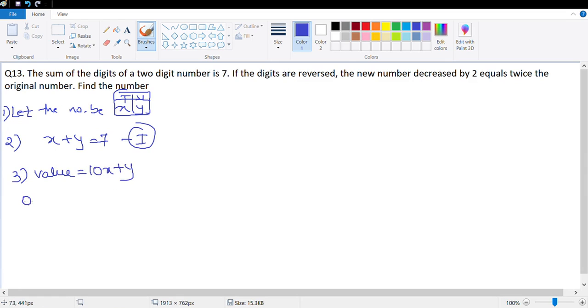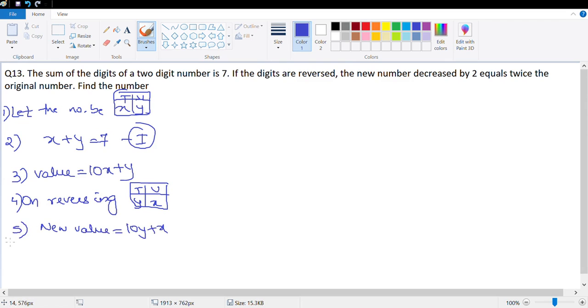On reversing, what we get is yx. So the new value is equal to 10y plus x. Correct. Now let's see the relationship. If the digits are reversed, the new number decreases by 2.